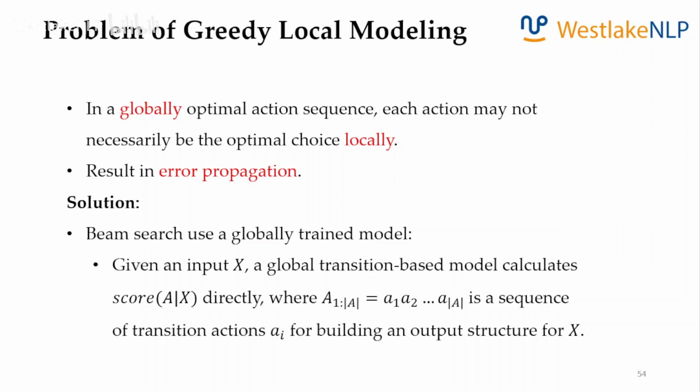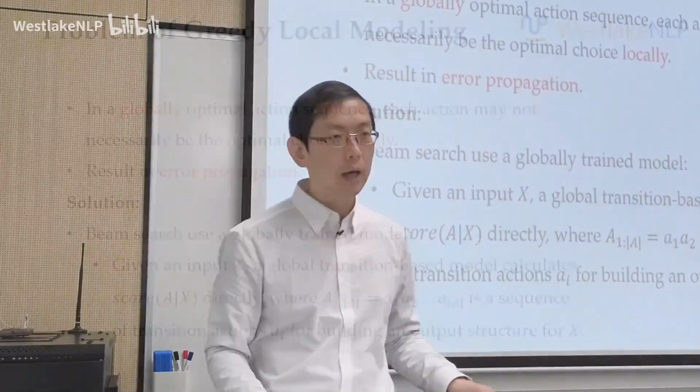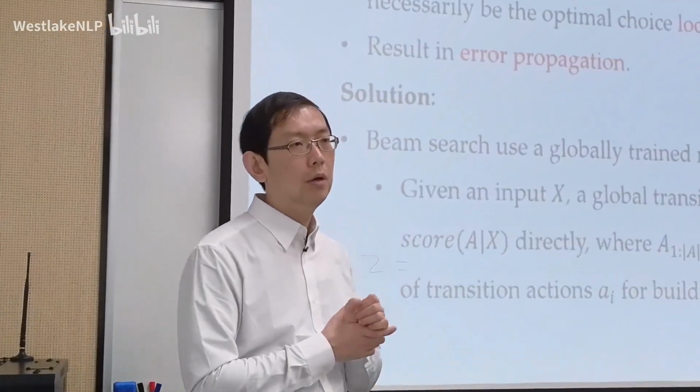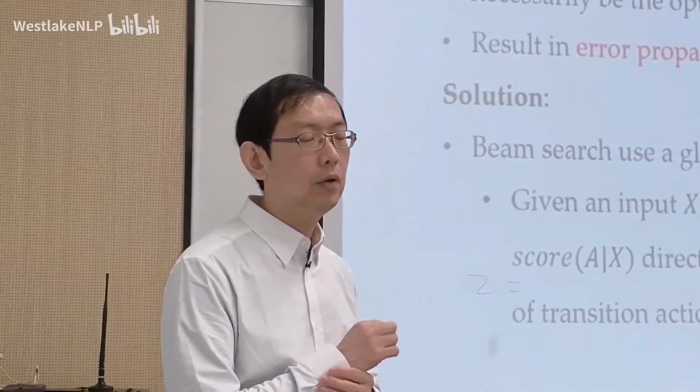The model is optimized globally by differentiating whole sequences of actions rather than individual actions. This is like CRF and structured perceptron, okay? I train the model using sequences of actions as a whole. For decoding, I use beam search rather than greedy search.